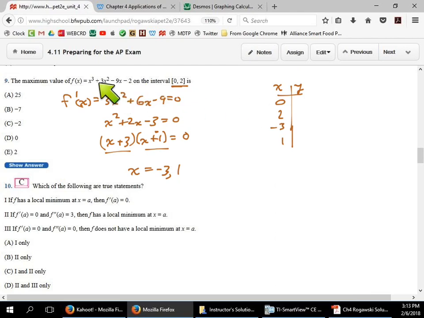If I plug 0 into it, all those x values would cancel out, and we would have negative 2. If I plug in 2 to all these, that would be 8 plus 12 minus 18 minus 2, that would be minus 20, so it would be 0. So far that's our maximum value.